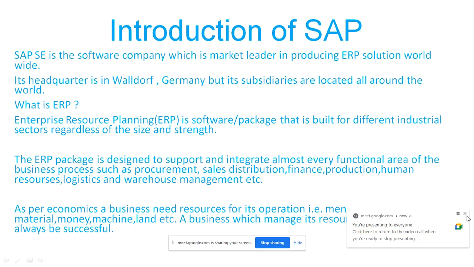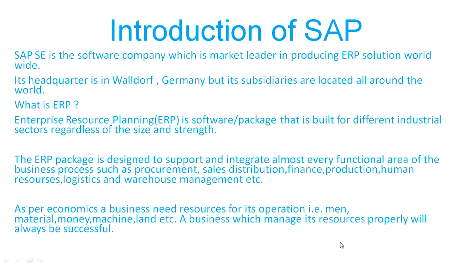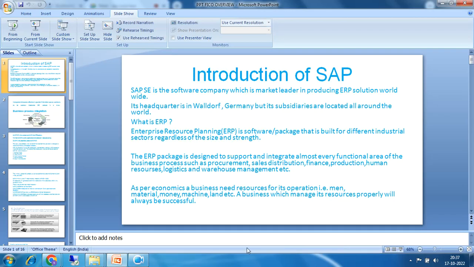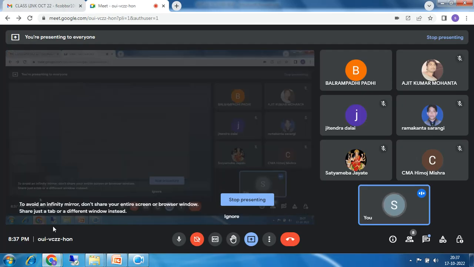So my screen is visible now. Yes, the screen is visible. The audio, I think there is some interference. Sir, you can join again, because others are facing no problem in audio. Please just join again, then I think it will be clear.